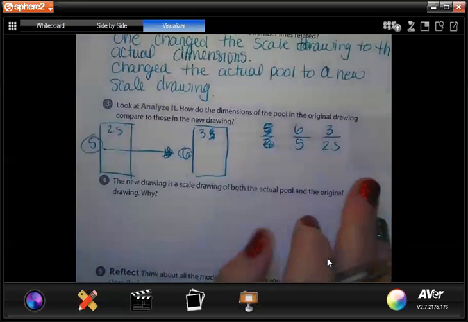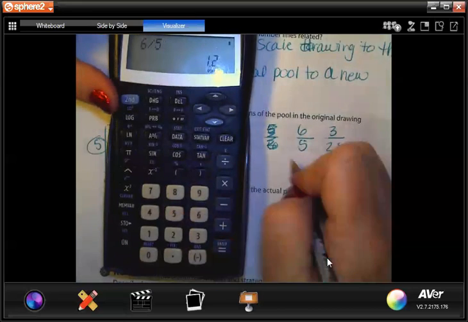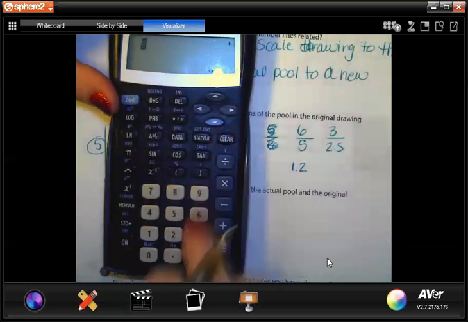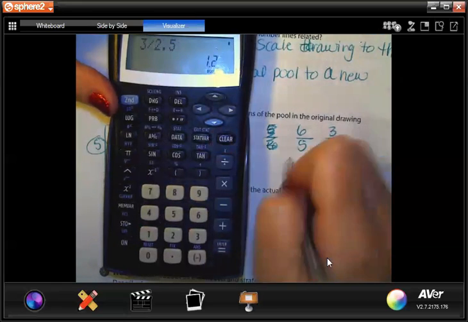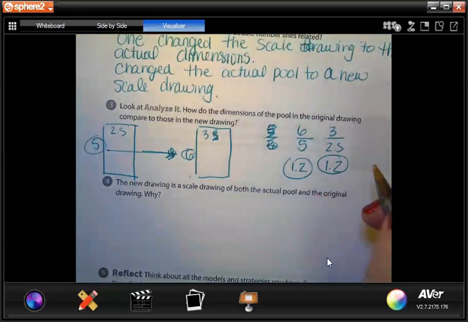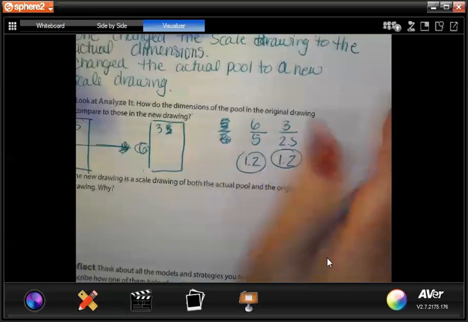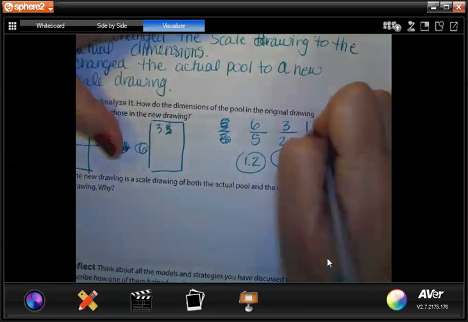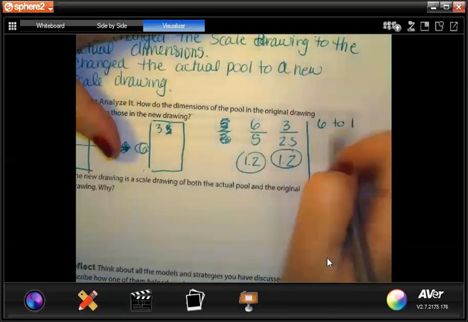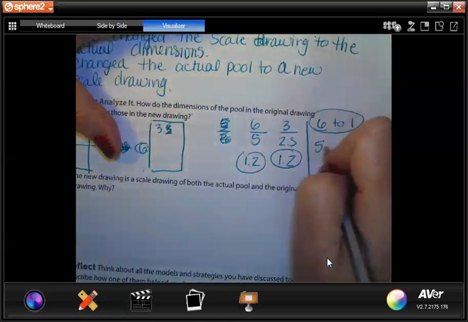Hey, I want to show you a little secret. 6 divided by 5 is 1 2/10. 3 divided by 2 5/10 is 1 2/10, right? Well, look at this. The scale factor was 6 to 1. That was my first scale factor. Then my second one was 5 to 1.